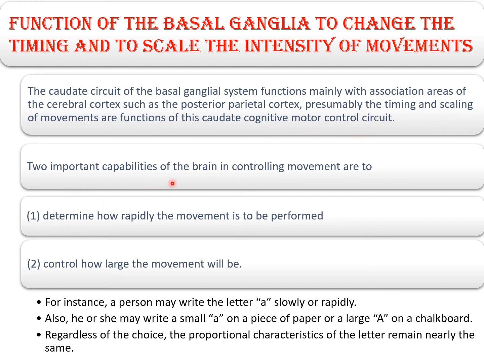Two important capabilities of the brain in controlling movements are to determine how rapidly the movement is to be performed and to control how large the movement will be. For instance, a person may write the letter A slowly or rapidly. Also, he or she may write a small a on a piece of paper or a large A on a chalkboard. Regardless of the choice, the proportional characteristics of the letter remain nearly the same.